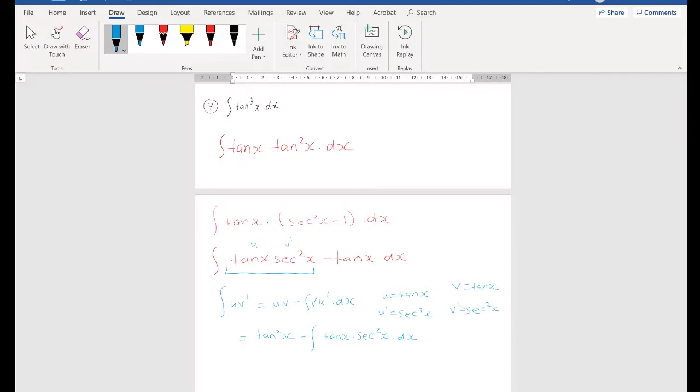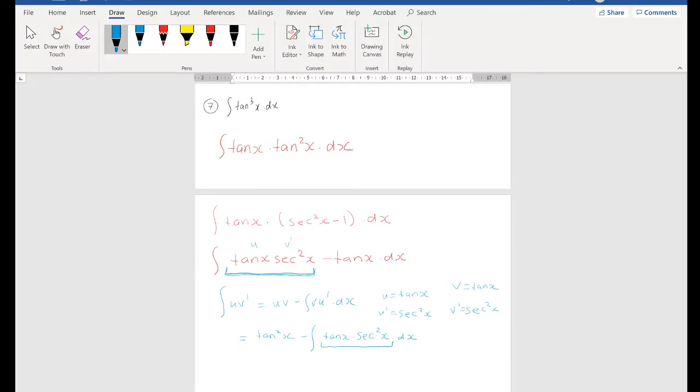And I get to this point and go, okay, I've done my integration by parts, but what do I have here? Have a look and see if you can work it out. Hopefully you can recognize that what you have there is the original question, which was this underlined part here.